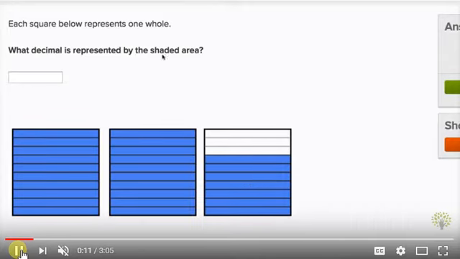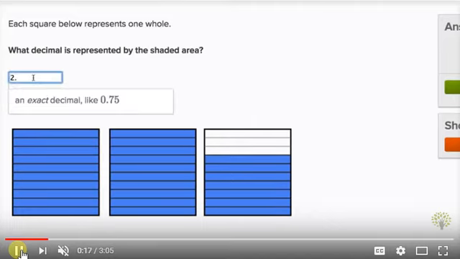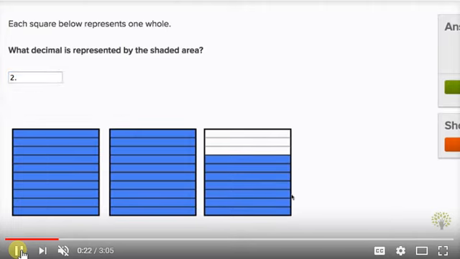In this case, the two full shaded squares represent two wholes, and if you count the shaded part for the third square, you'll find 7 shaded strips, and all strips are 10 in that square.